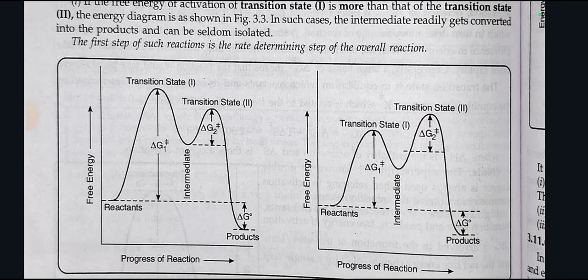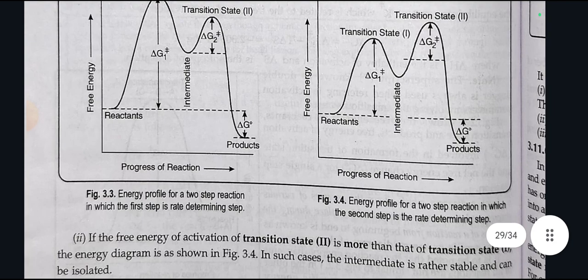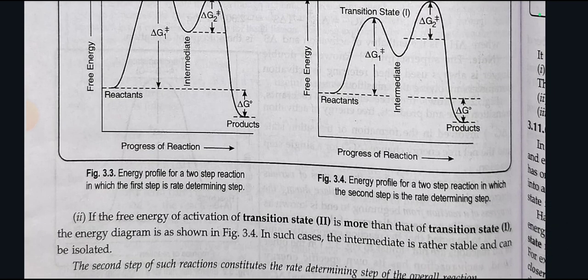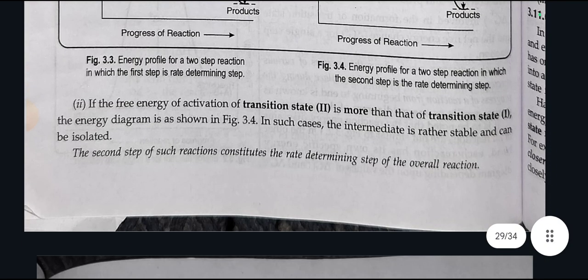The first step of such reactions is the rate determining step of the overall reaction. Figure 3.3 Energy profile for a two-step reaction in which the first step is the rate determining step. Figure 3.4 Energy profile for a two-step reaction in which the second step is the rate determining step.